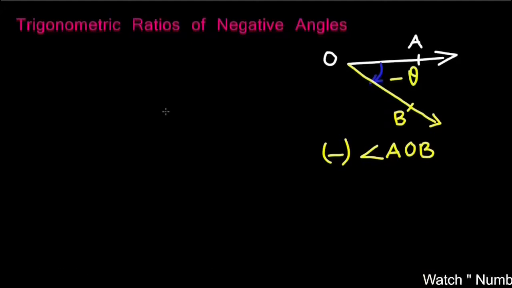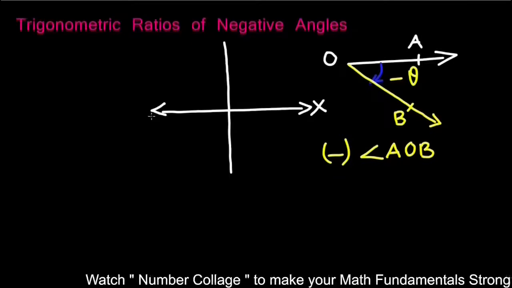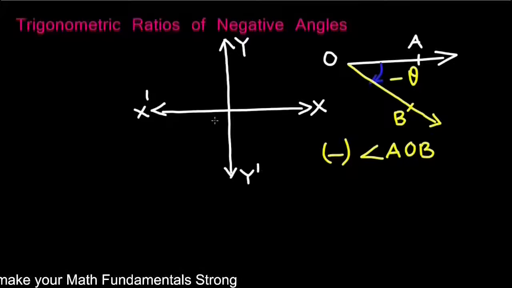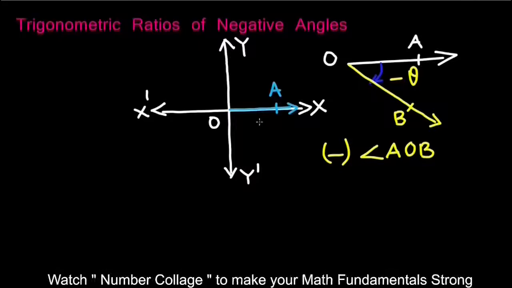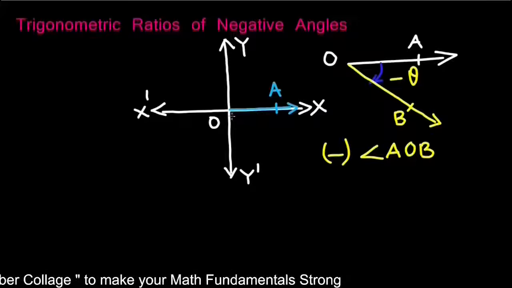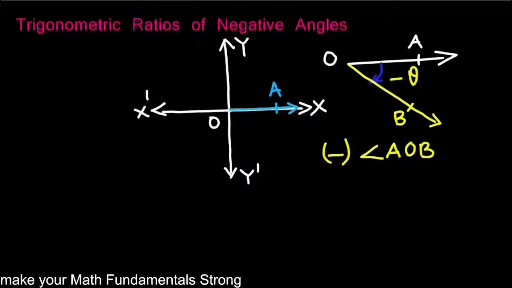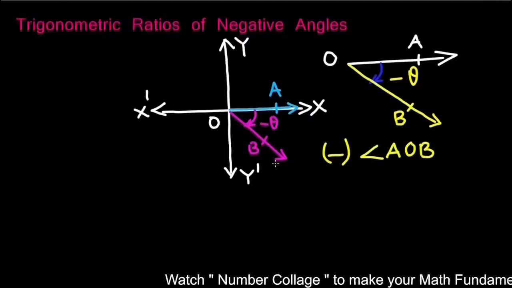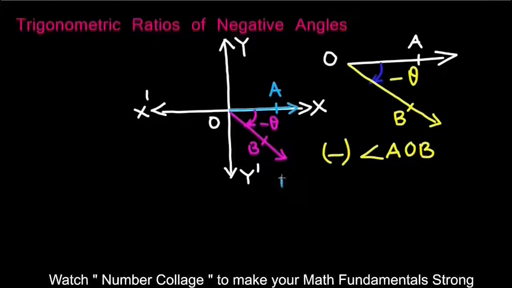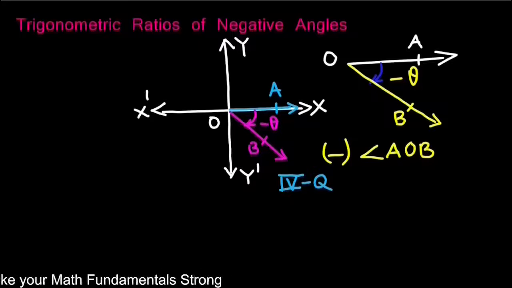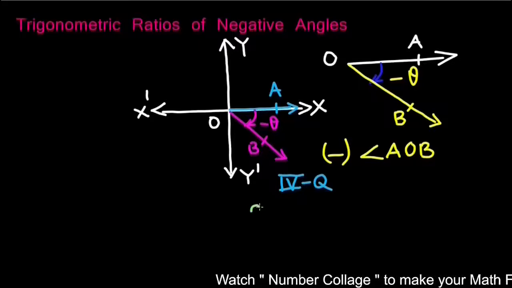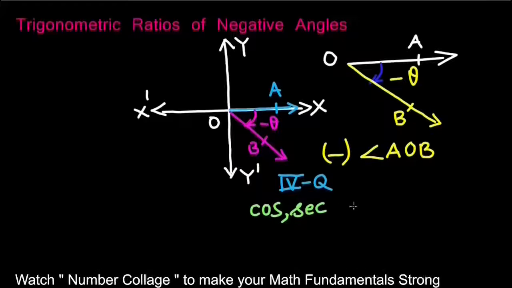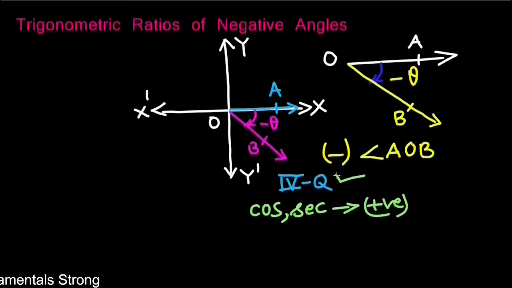Now, in a Cartesian coordinate system, x-axis, y-axis, origin, if OA is the position of the initial arm and when it is rotated about the origin to take a final position OB, then the angle minus theta that is formed falls in the fourth quadrant, and we have seen in earlier videos that cos and sec ratios are positive in the fourth quadrant and the remaining ratios are negative.